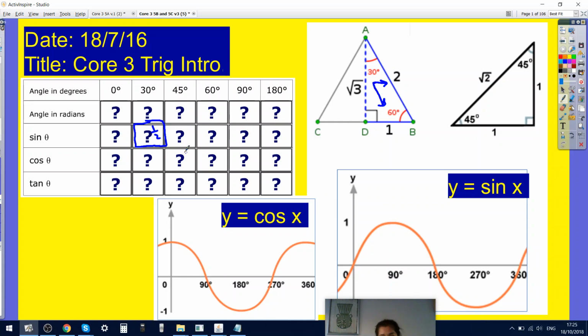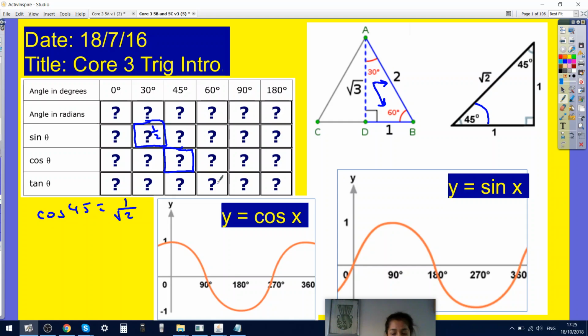How about cos 45? So look at adjacent over hypotenuse. That would be 45 degrees in this triangle. Oh, 45. Okay. So adjacent is 1. Hypotenuse is root 2. So 1 over root 2.